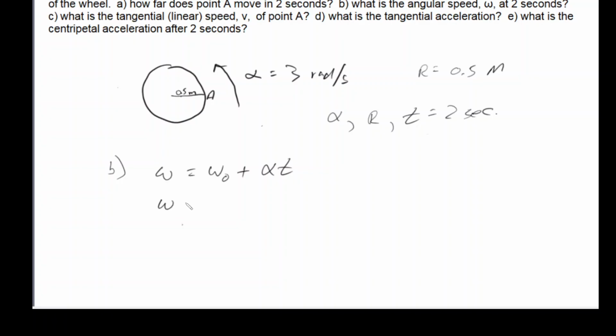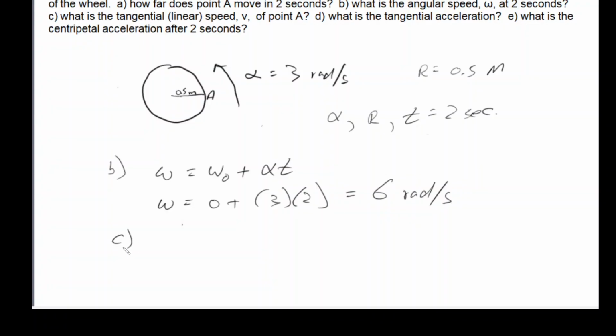And we're looking for omega, that's equal to 0 plus 3 times 2, which is equal to 6 radians per second. That's the angular speed of point A at 2 seconds.